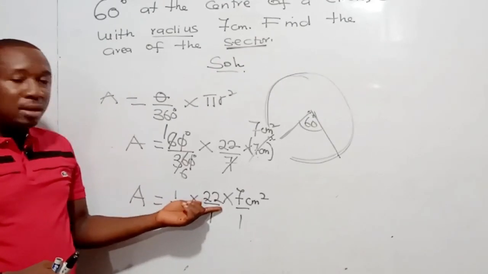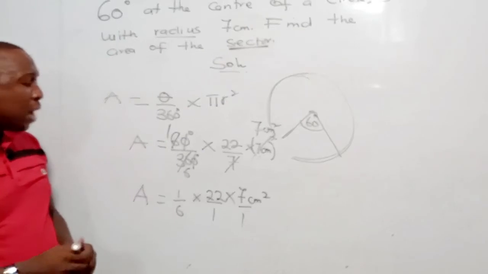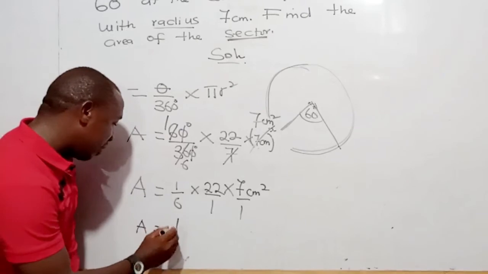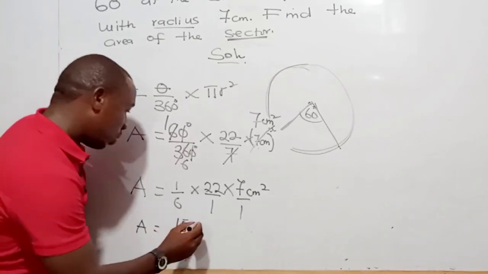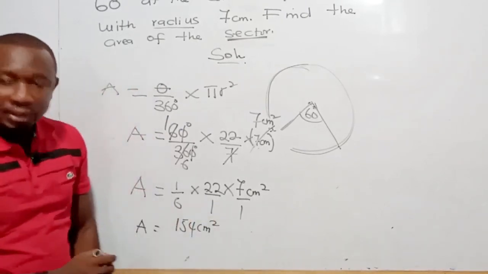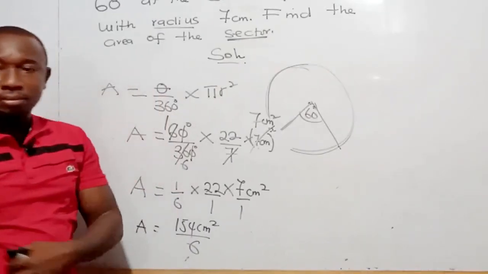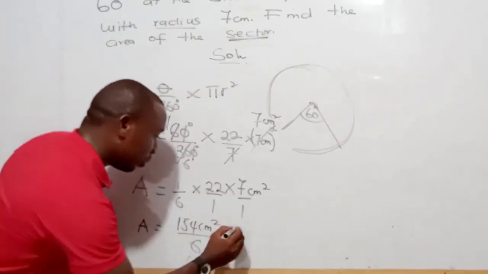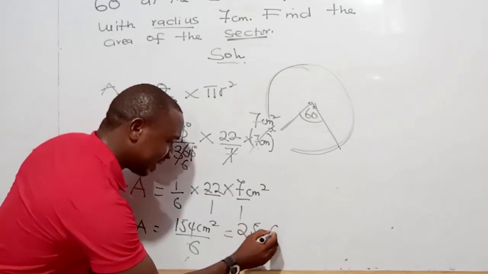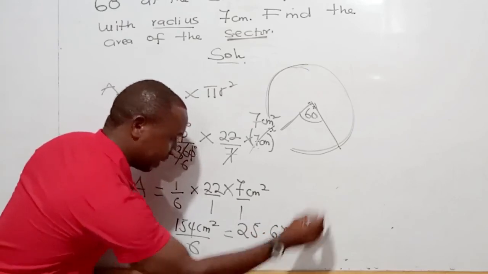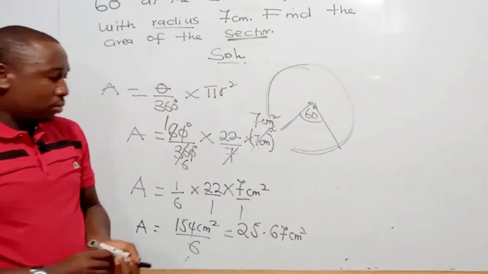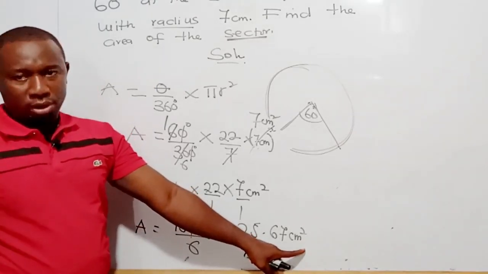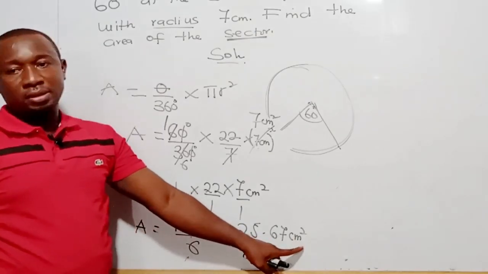So 14 plus 140 will be 154 centimeters squared. We will get 154 centimeters squared divided by 6. By using your calculator, you realize that the answer will be 25.67 centimeters squared. Area is in centimeter squared. Let's take note of this.